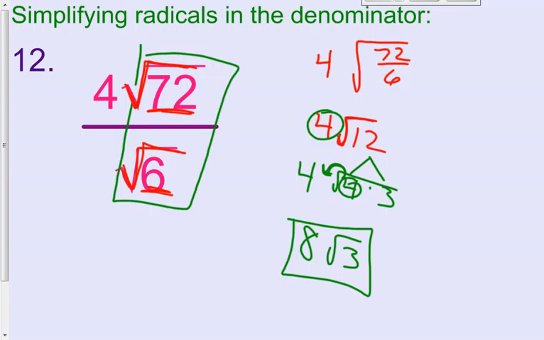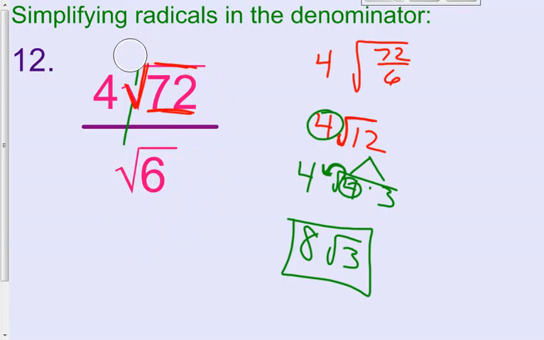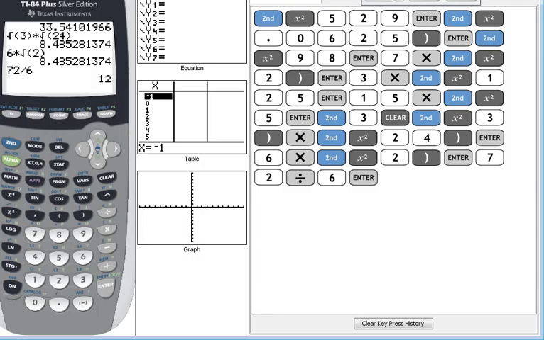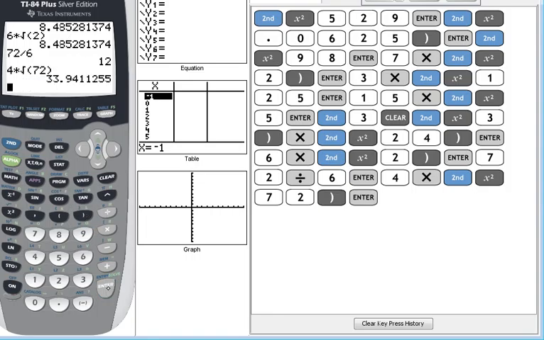Let's check our work one time with this one, just so that I could let you know that you can do that on a test question if you'd like to. 4 times the square root of 72 in the numerator. You get this answer divided by, what do we divide by? The square root of 6.